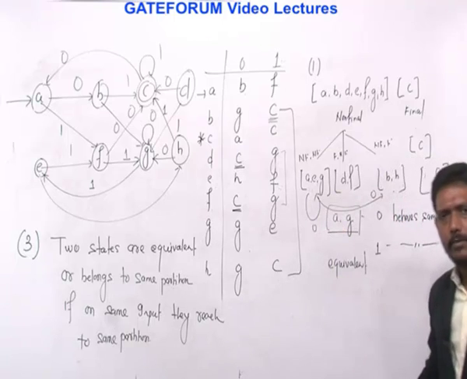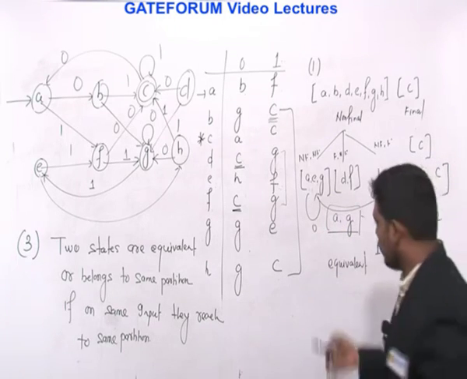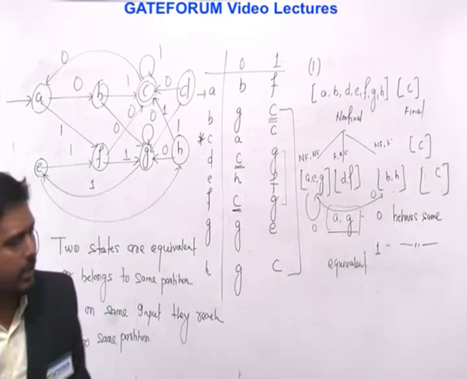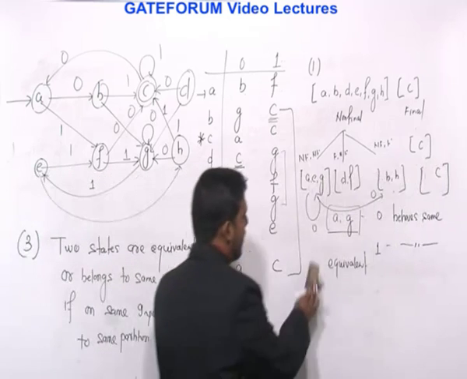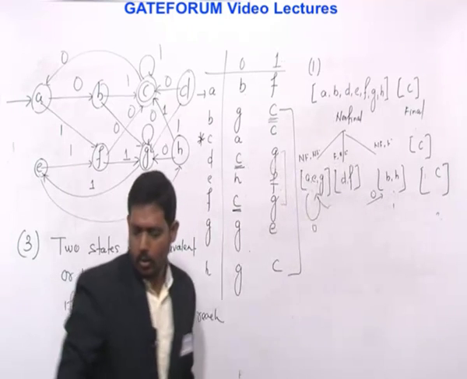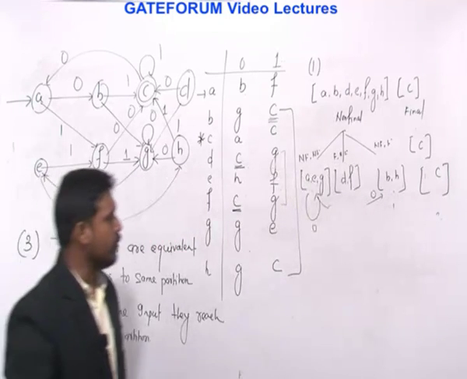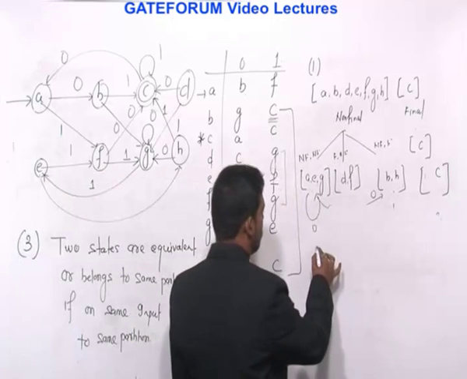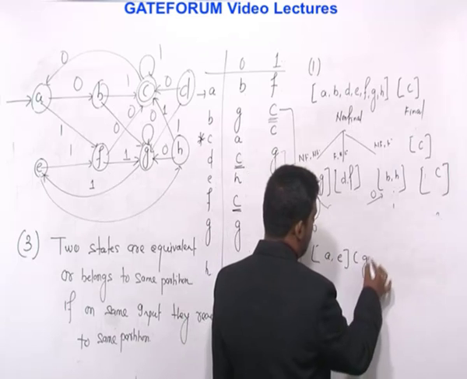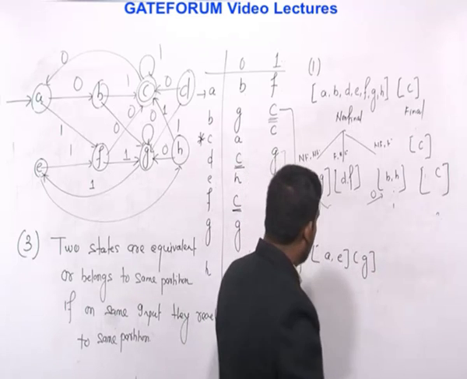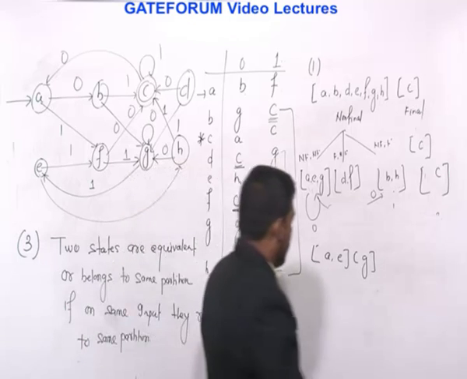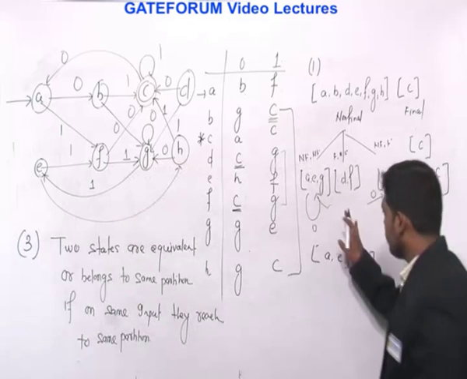I need only one behavior to say they are not equivalent, and this input 0 behavior says they are not equivalent. So we can separate them, as A, E and G as a separate partition. Why? A and E behave the same and G behaves differently.